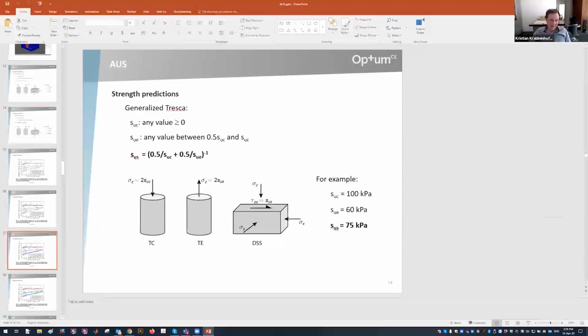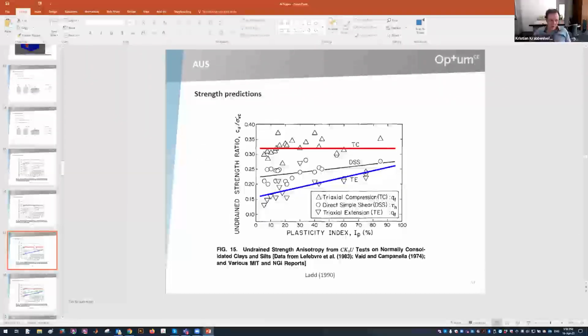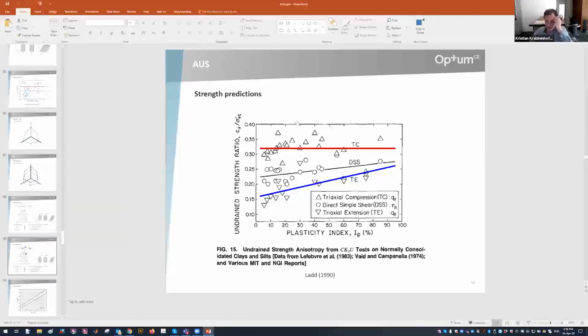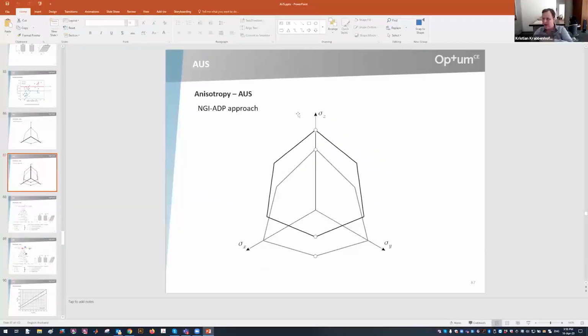In that case, it's necessary with this shift of the yield surface in the Z direction. So in most cases, the isotropic model, the generalized Tresca, will do the job quite nicely, except in extreme cases. That is my opinion.